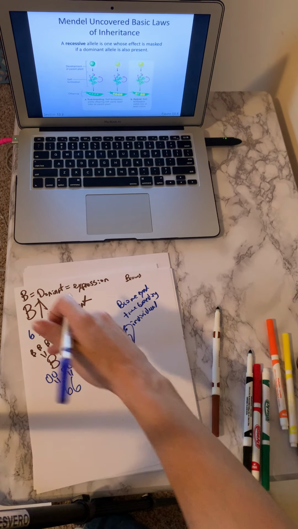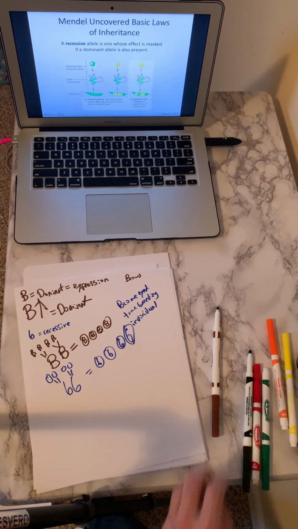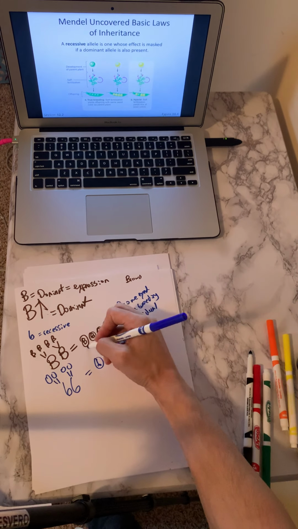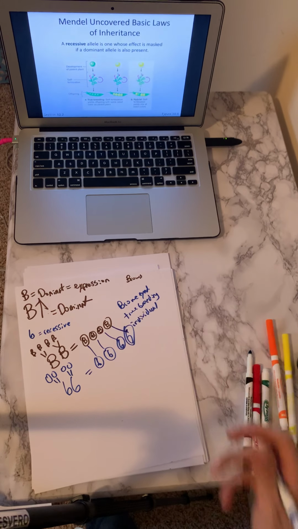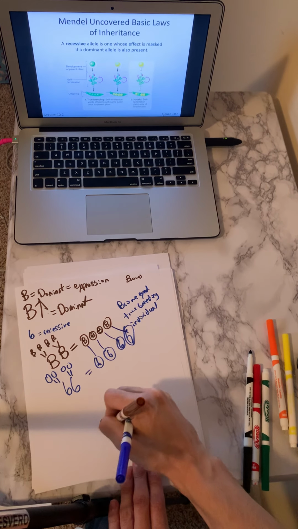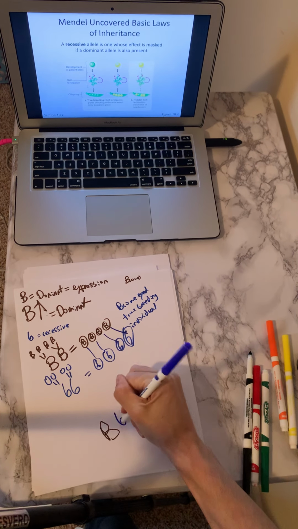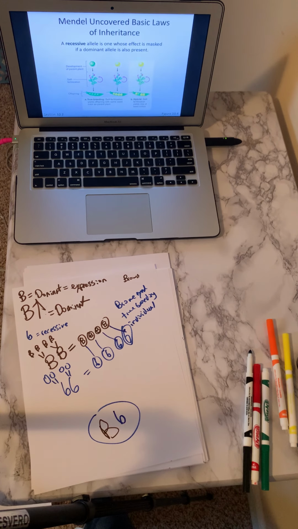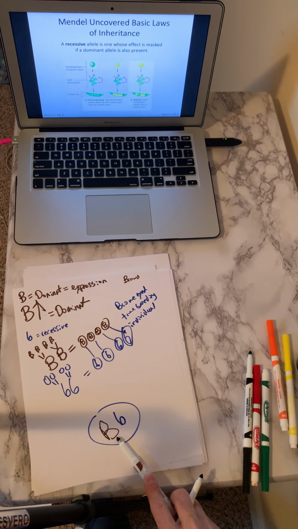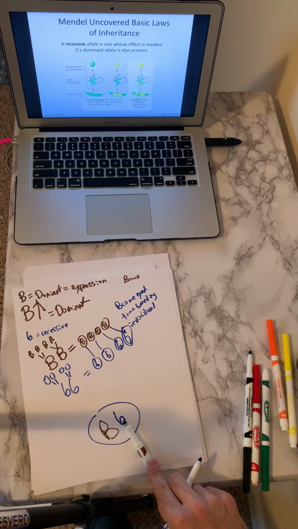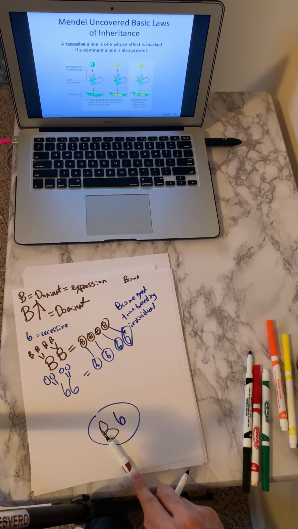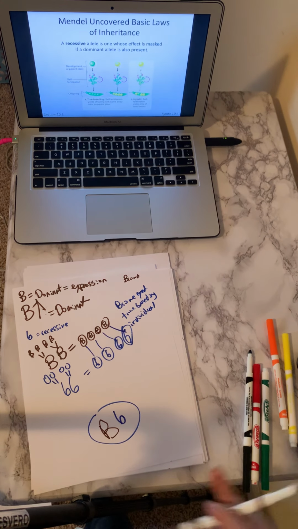When these two parents get together and have a child, every single time that these sperm and eggs unite, you are going to get this in their offspring, a baby with one dominant, one recessive gene. So in this case, our baby's going to have brown eyes as well.